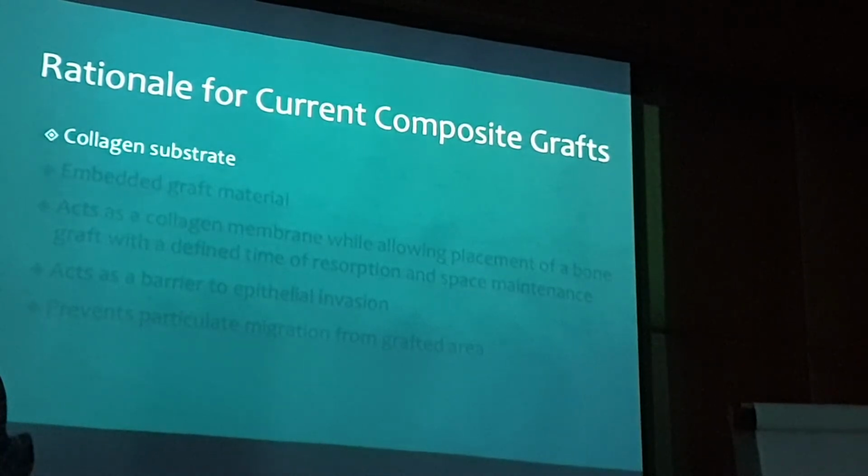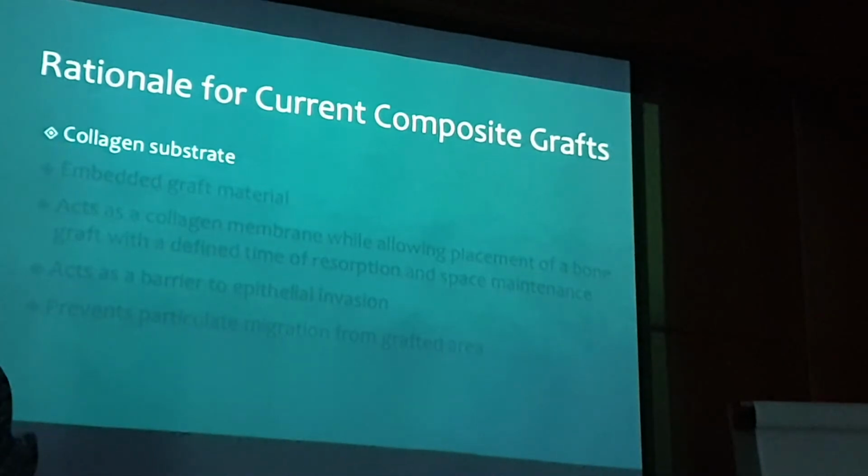So that's why people are moving more towards DFDB than FDB, because they want collagen in there. So if we remember that osteoblasts are secreting collagen, and collagen then undergoes a precipitation reaction to produce bone, then all of our bone graft materials should contain collagen.